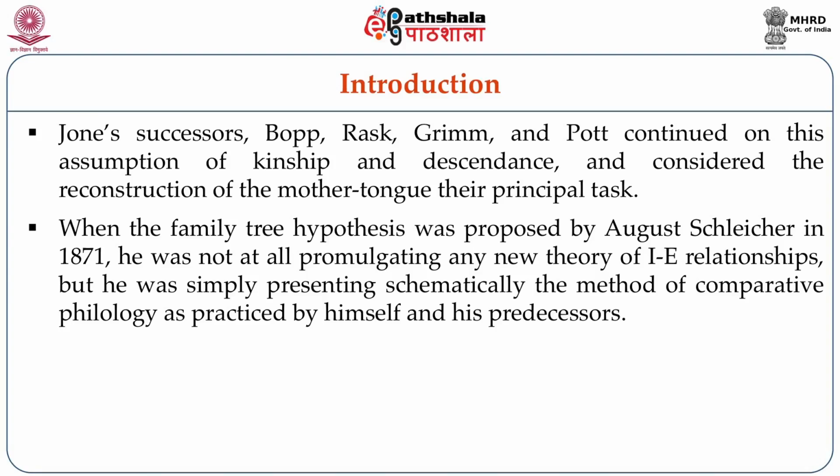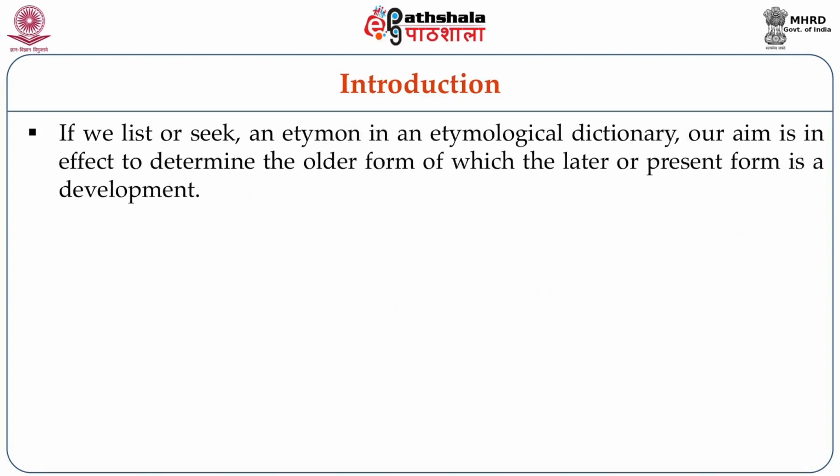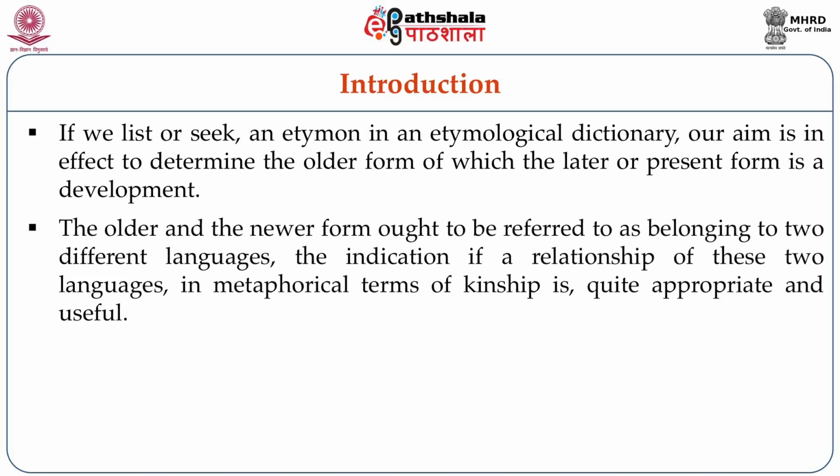If we list or seek an etymon in an etymological dictionary, our aim is in effect to determine the older form of which the later or present form is a development. The older and the newer form are to be referred to as belonging to two different languages.